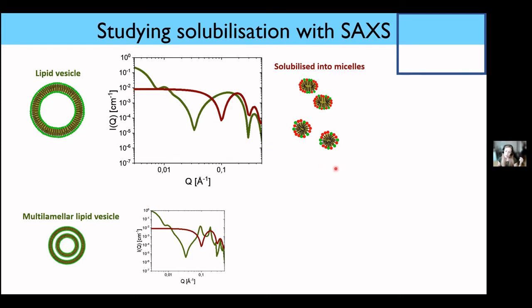And if they are also solubilized into these sort of micelles, as is shown here, then obviously there will be a huge change from the bilayer scattering to the scattering of a typical micelle.